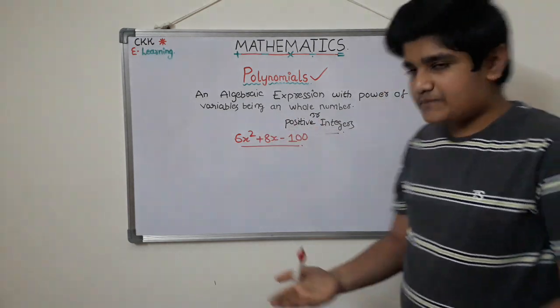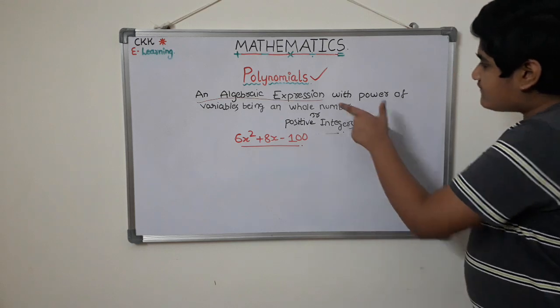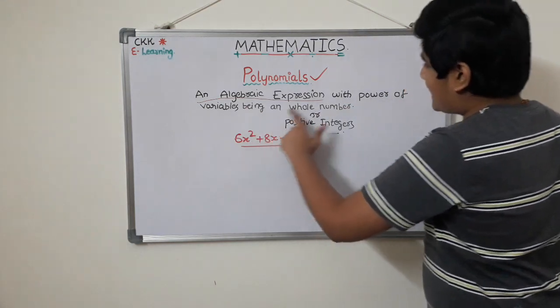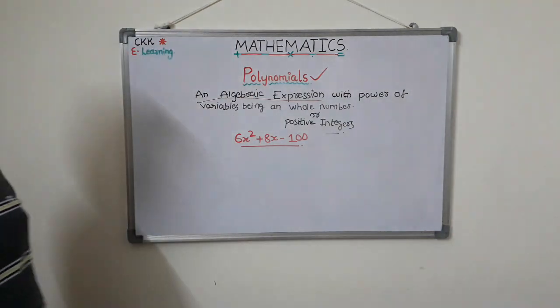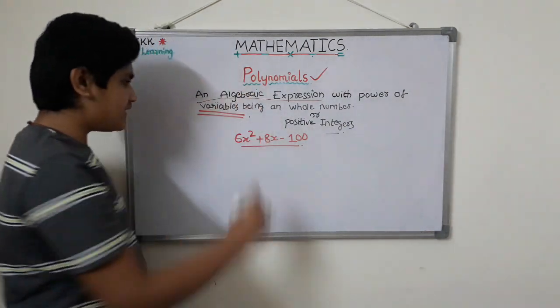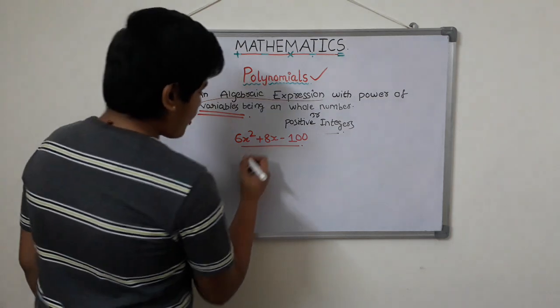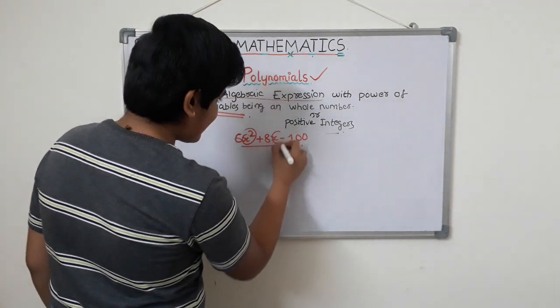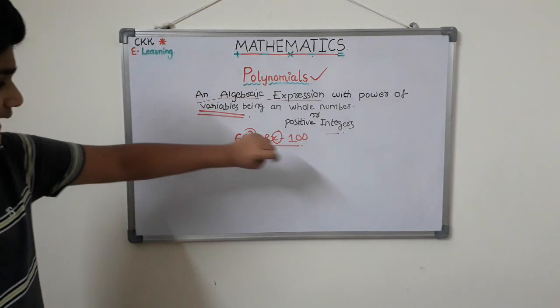With the power of variables being a whole number. The most important term to observe here is variable. What are the variables you have? x square and x.